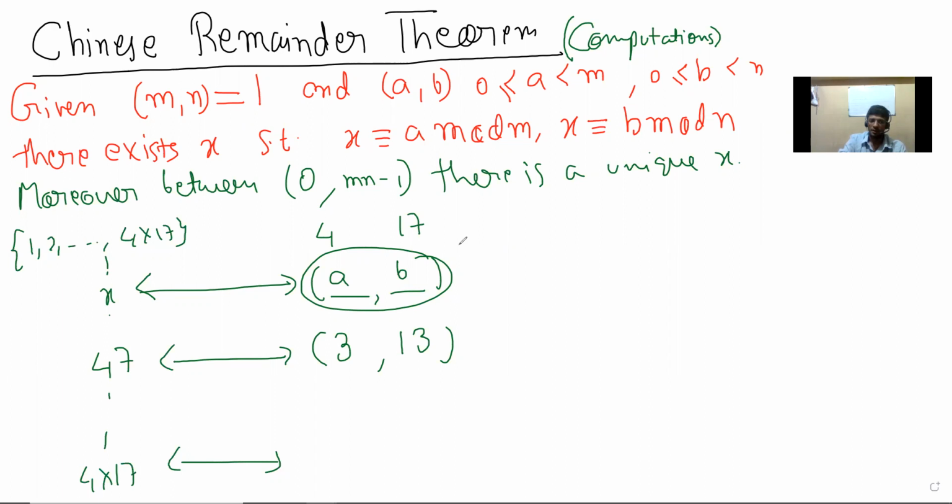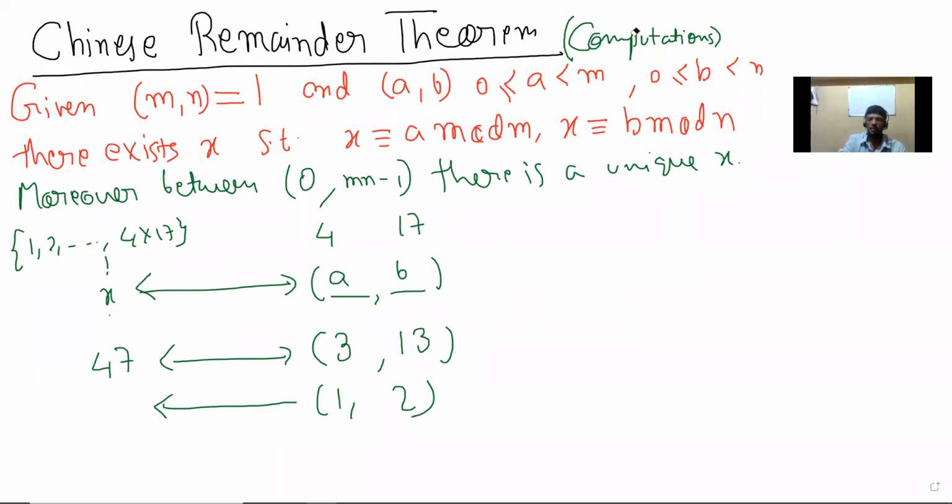Is it fine? Just now we saw something, right? If you have 1 and 2, where does it come from? Can anybody tell where 1 comma 2 comes from? Try to calculate.